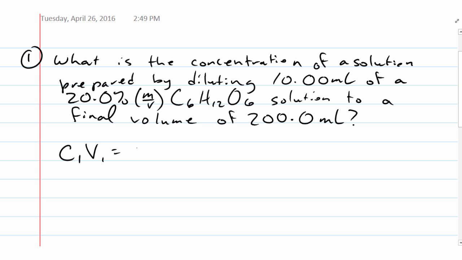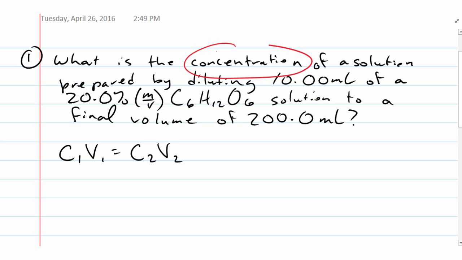Because this is a dilution problem, we'll start with our dilution formula: C1 times V1 is equal to C2 times V2. And then we ask ourselves, what is it we're looking for in this problem? Concentration. Specifically, are we looking for the concentration before it gets diluted or after?